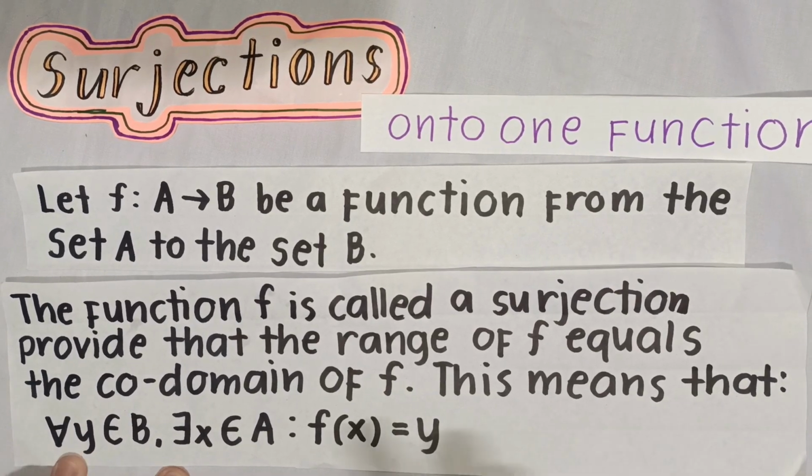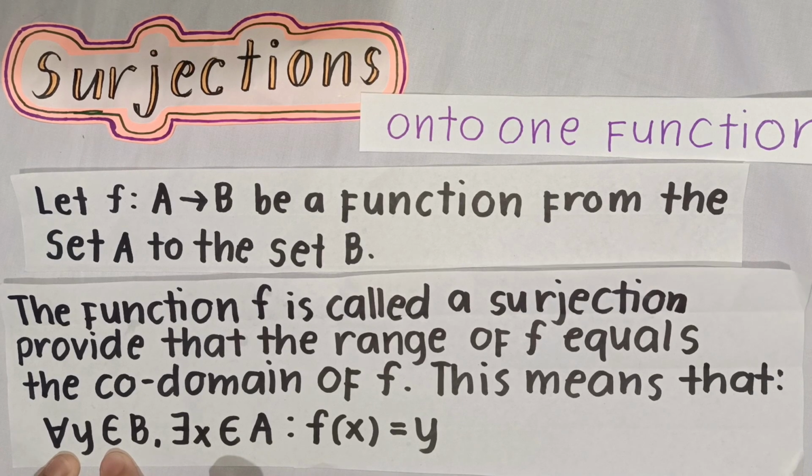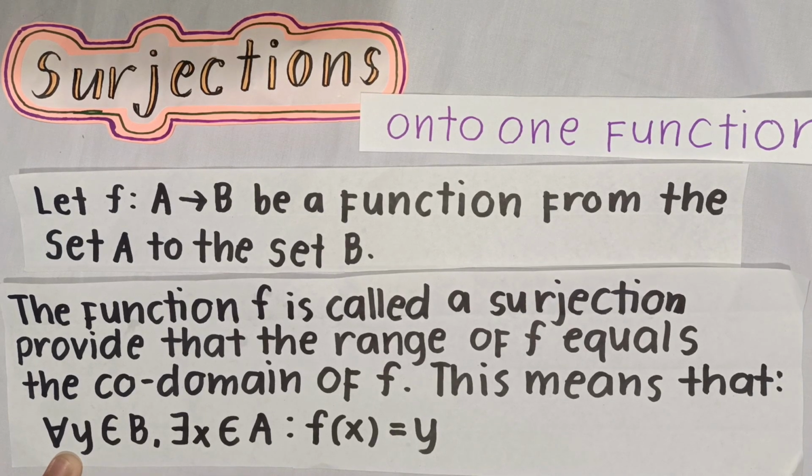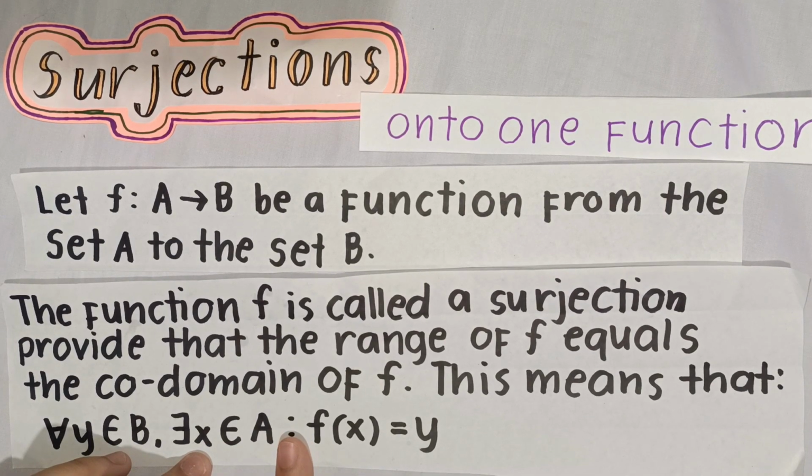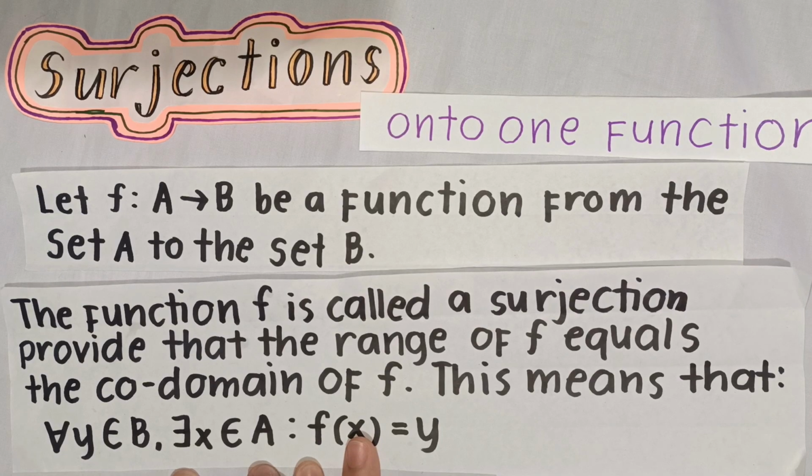This means that for every y in set B, there exists an x in set A such that f(x) is equal to y.